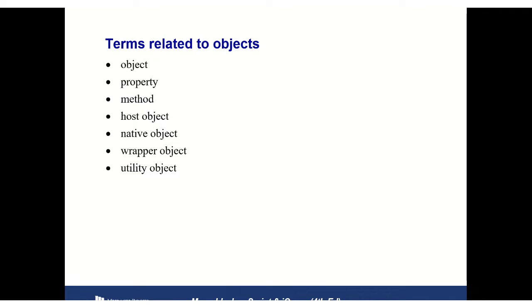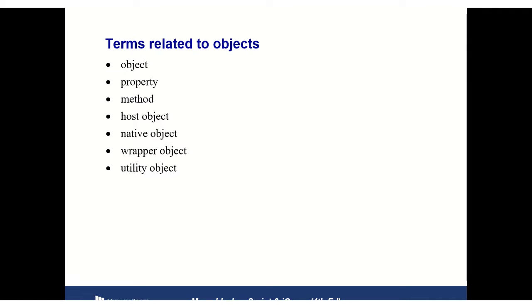So what's the difference between the host object and the native object? The host objects are all about applying JavaScript. But the native objects are related to the data structures which are built in specifically for the JavaScript programming language.